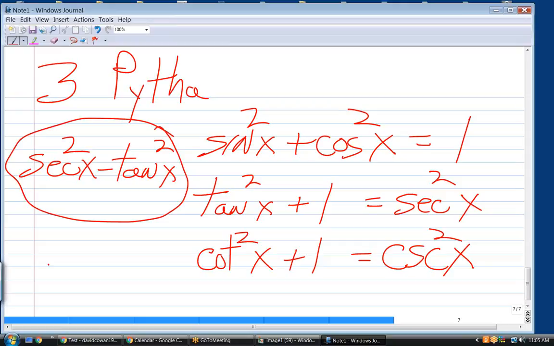Secant squared x minus tangent squared x. What is that equal to? Is it -1? No. How do I alter this middle equation to get secant squared minus tangent squared?